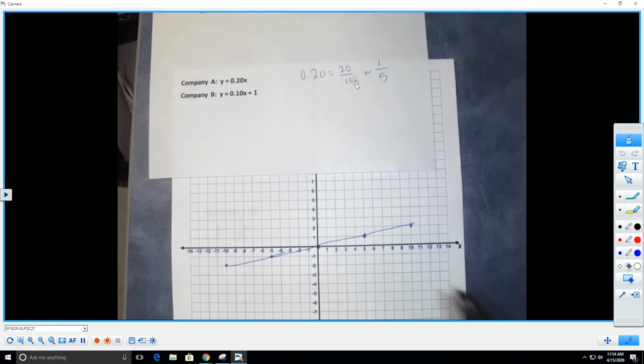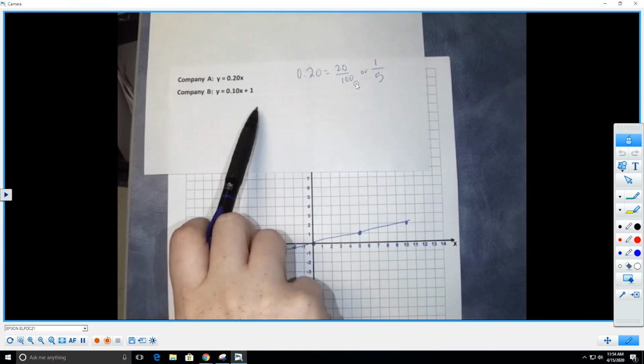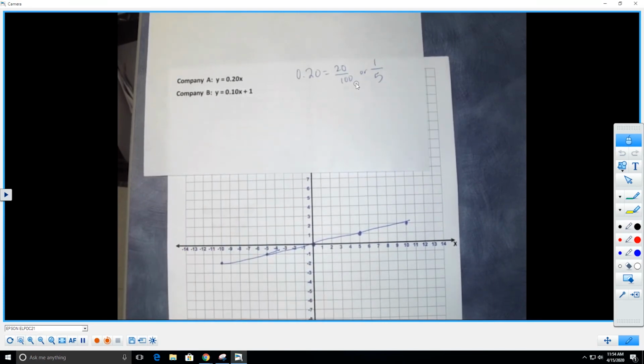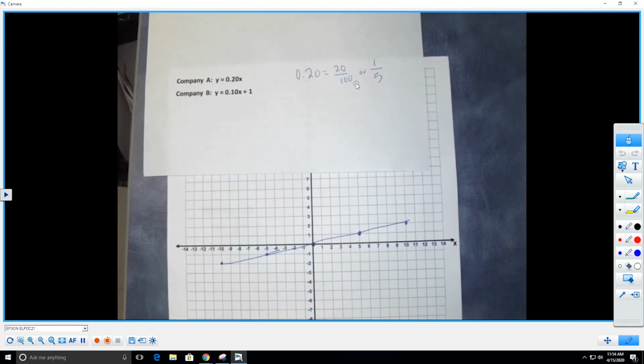Now, in the second equation for Company B, we know that the y-intercept is 1. How could we represent the slope 0.10 as a fraction for rise over run?